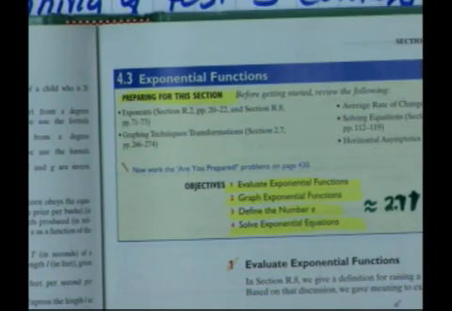Well, interestingly, in this book, you probably wondered, why did you spend so much time on 4.1, composition of functions, 4.2, one-to-one functions and inverse functions, and then all of a sudden we're talking about exponential and log functions.